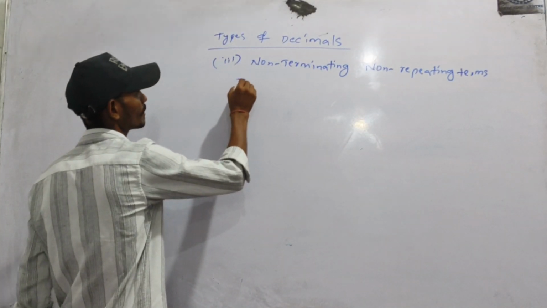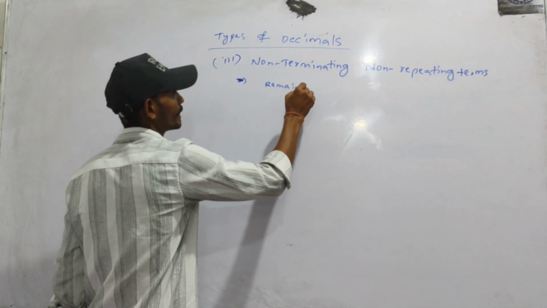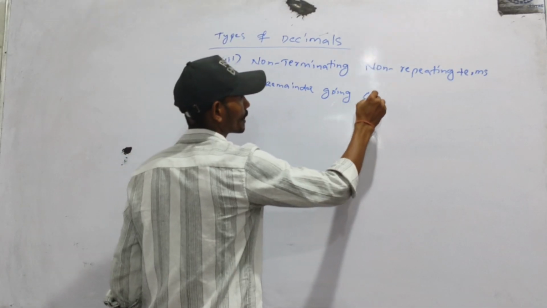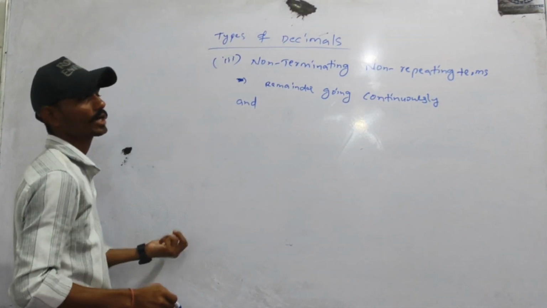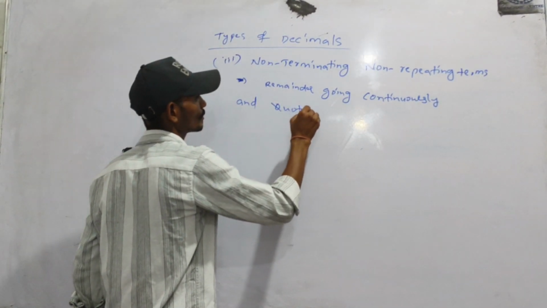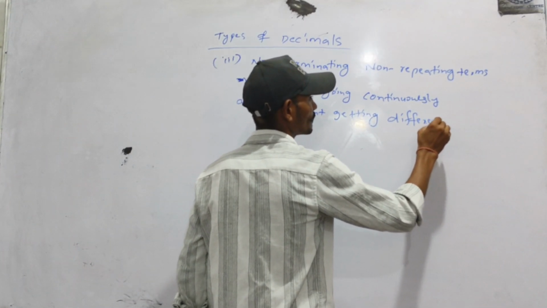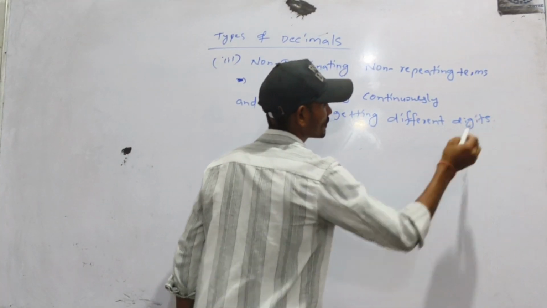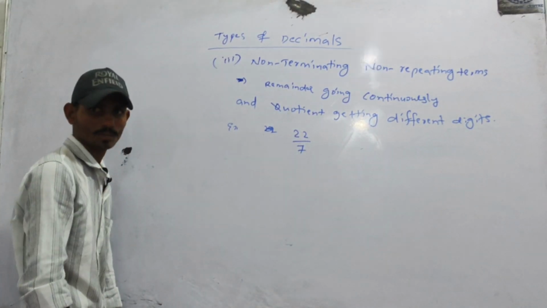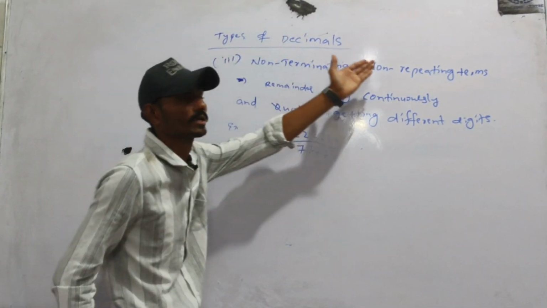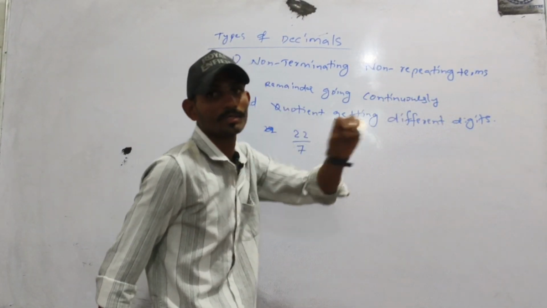So observe, non terminating and non repeating means the remainder is going continuously, and non repeating means the coefficient is getting different numbers, different digits. Example, 22 by 7 is an example of non terminating non repeating. Non terminating means the remainder is going continuously, and non repeating means the coefficient is also getting different numbers.